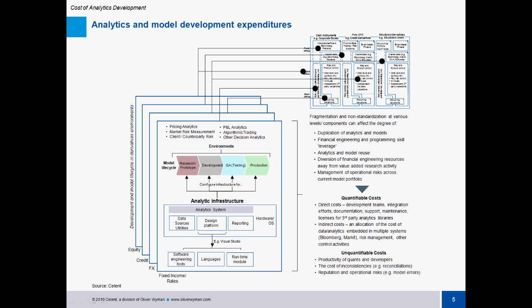In addition to these explicit, quantifiable costs, there are also implicit, often difficult to quantify elements such as productivity issues, the cost of inconsistencies such as reconciliation activities, and operational losses from model errors, for instance, that cannot be quantified directly as a whole. The key takeout is that if a firm truly considers what's involved, there are many points of analytics development and consumption that are costly to a firm, both directly and indirectly.